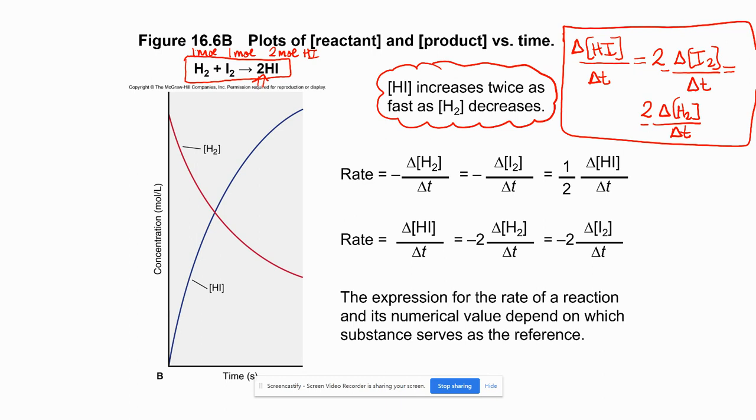Notice if I want to talk about the I2 disappearing and the H2 disappearing, their rates are 1/2 of HI. So think of it this way, that I would take the 2 and divide it to the other side. So what I come up with is this expression here.